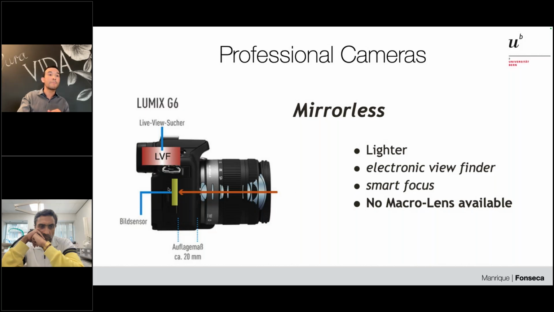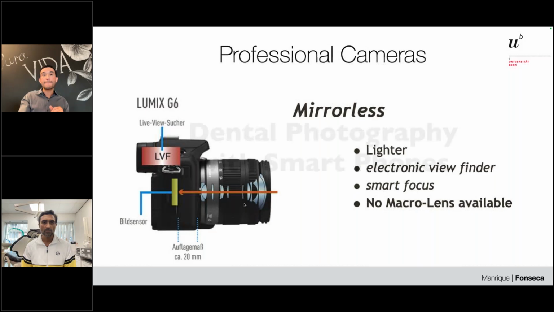So the light comes straight into the sensor, and that makes the camera smaller, therefore lighter, and they have a lot of electronic improvements, including smart focus. But some of them don't have a macro lens, but that is changing, okay?